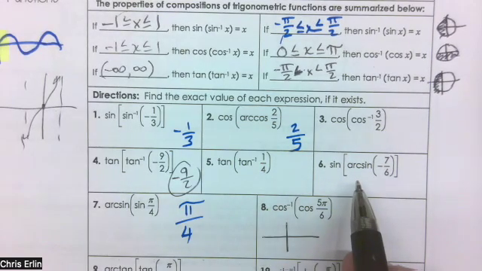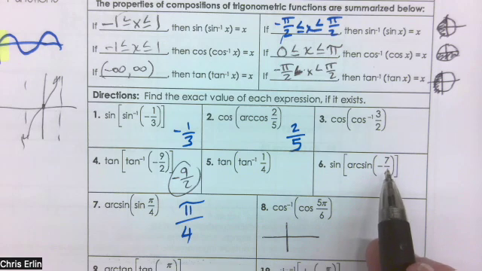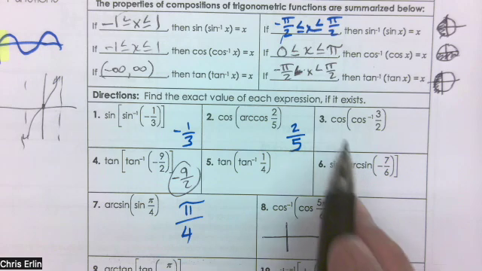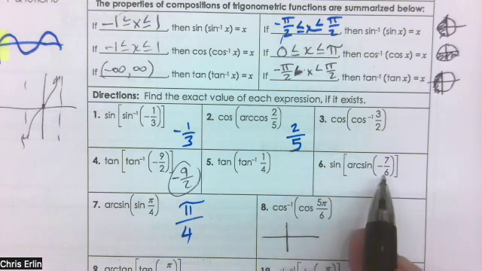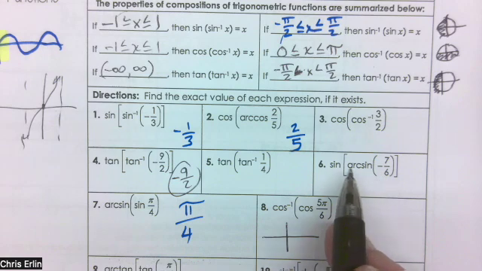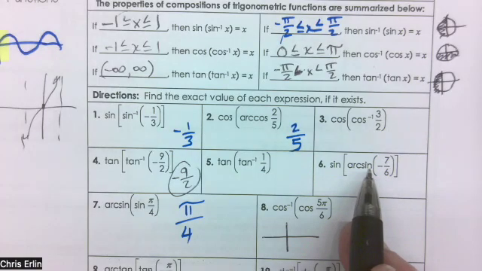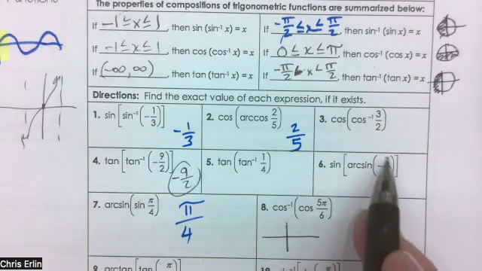What about this one? It's outside the domain. You guys agree? We've been saying that these values for sine and cosine have to be between -1 and 1. This is not. So we have to think about it. If I have this ratio of side lengths as a sine, what angle would that be?